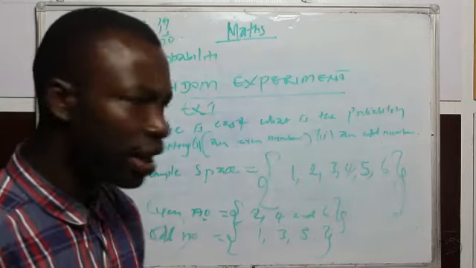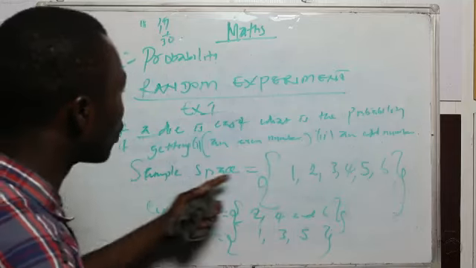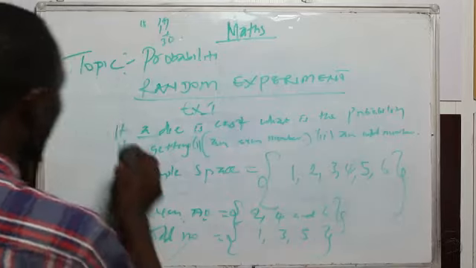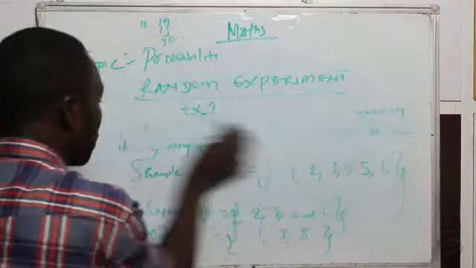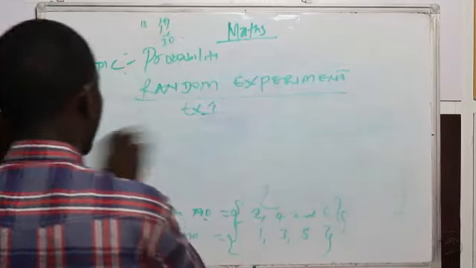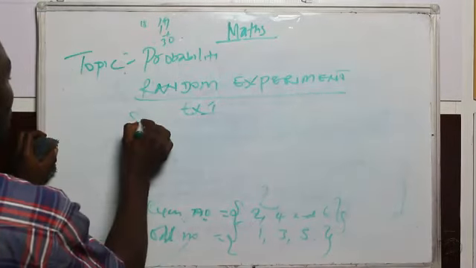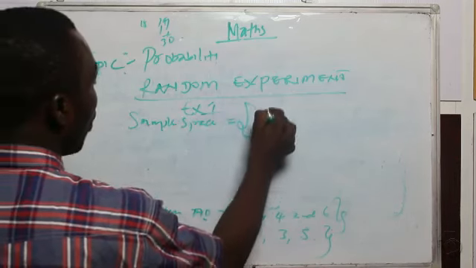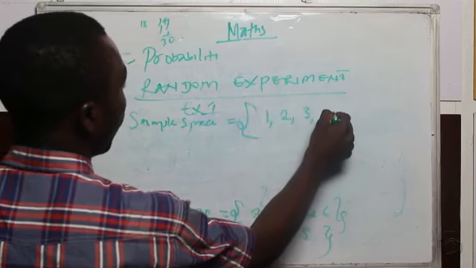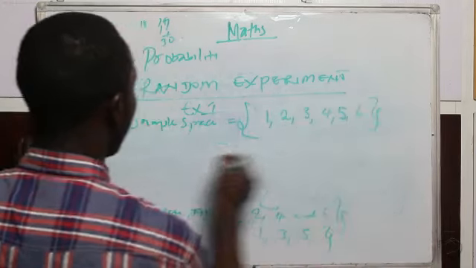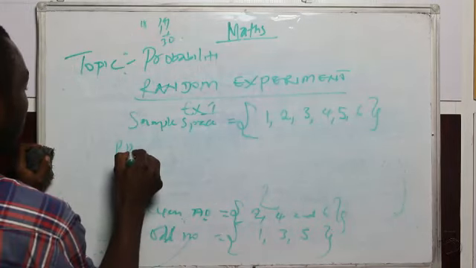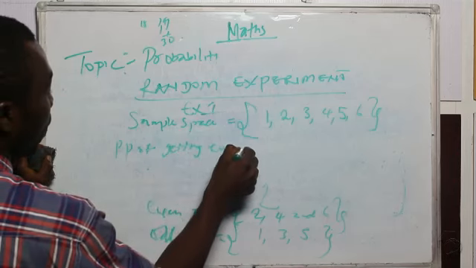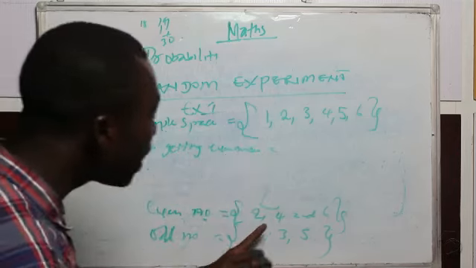Let us apply our formula, because casting a die has given us a sample space of this. The answer to this question: the sample space is equal to 1, 2, 3, 4, 5, 6, while the probability of getting an even number is, how many even numbers do we get?